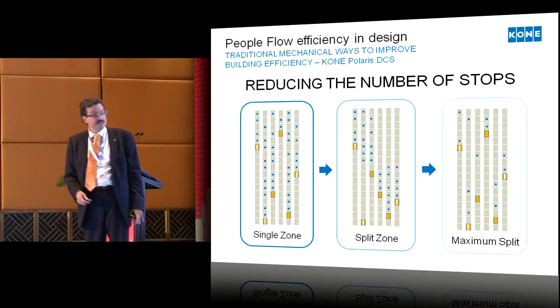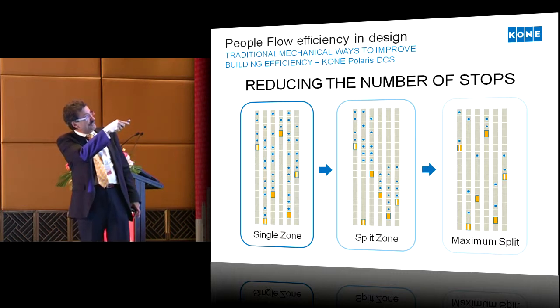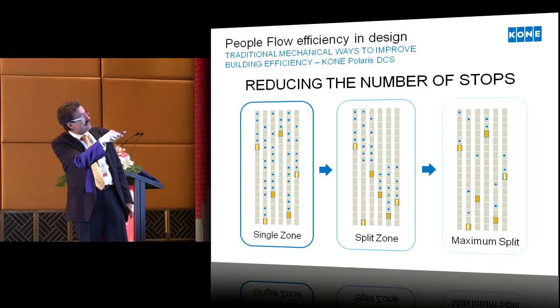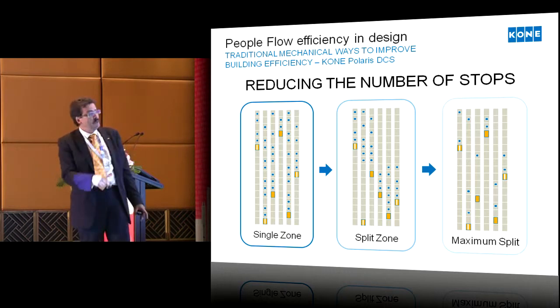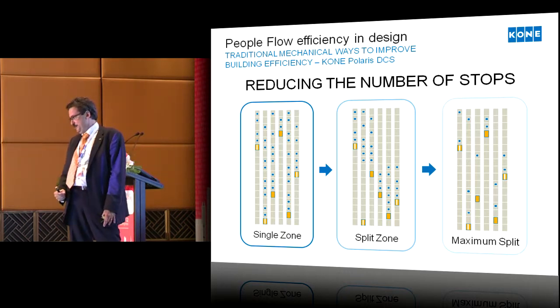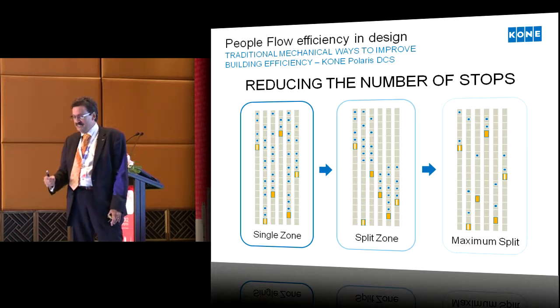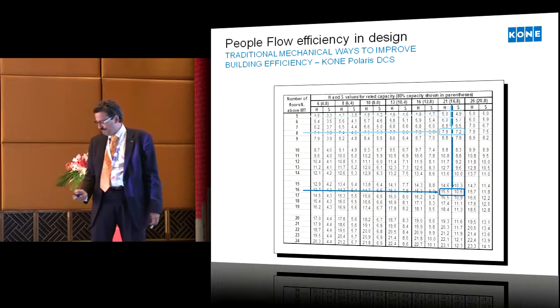You can't get to the floors. But what it does is put people with the same destination in the same car. I put these in 2 cars because we don't come at the same time. Sometimes we need to use more cars. But what you can clearly see is the number of stops is dramatically reduced. And that's what it's about. We want to get those numbers of stops down to get more capacity.